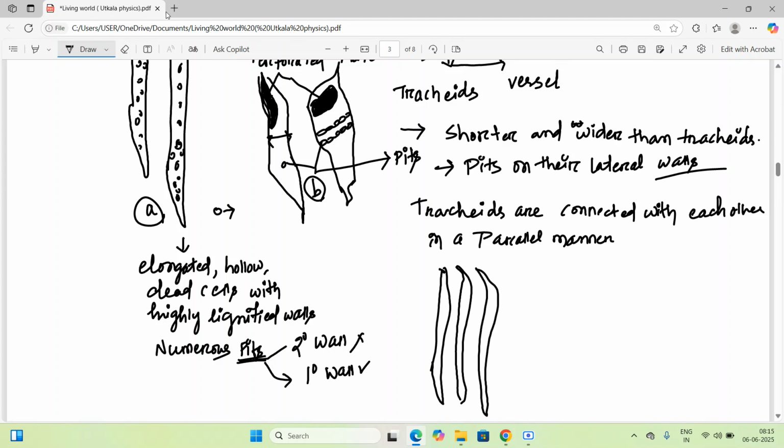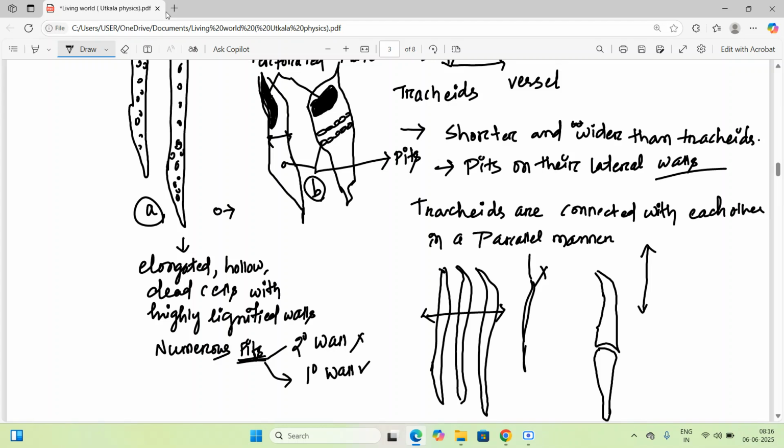Tracheids are already longer, so adding one tracheid to another would make an even longer one. The vessels are shorter, so they can be arranged one end to another end, in this manner.